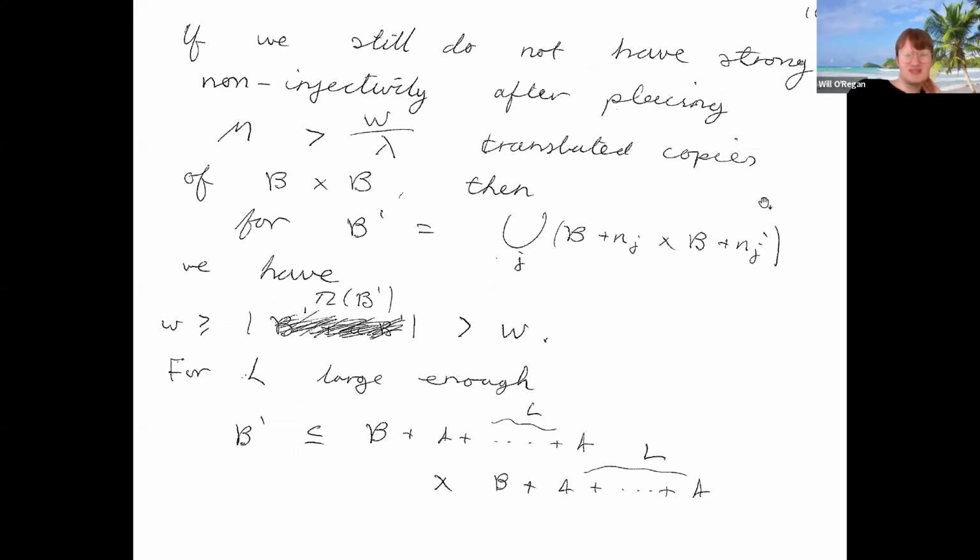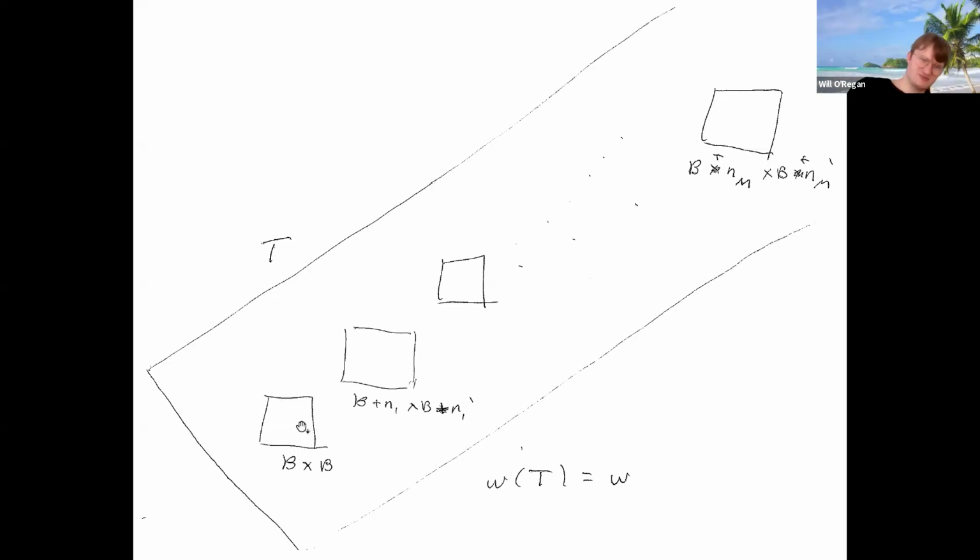If you keep placing enough of these and you still don't have this non-injectivity, then the measure of all of these projections will exceed the width of this tube. So eventually this process has to stop.